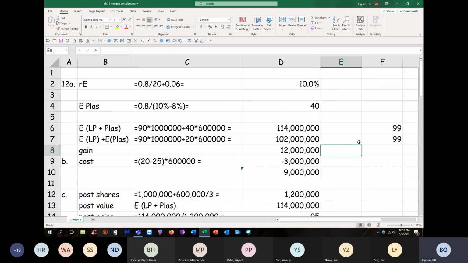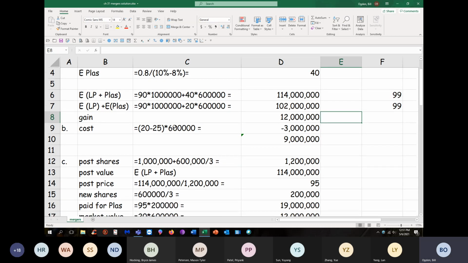Okay, then what's the wealth effect to the PLAS shareholders? Well, they gain $3 million because they have shares that are worth 20 in the open market, and the offer is $25 per share. They gain $5 per share.